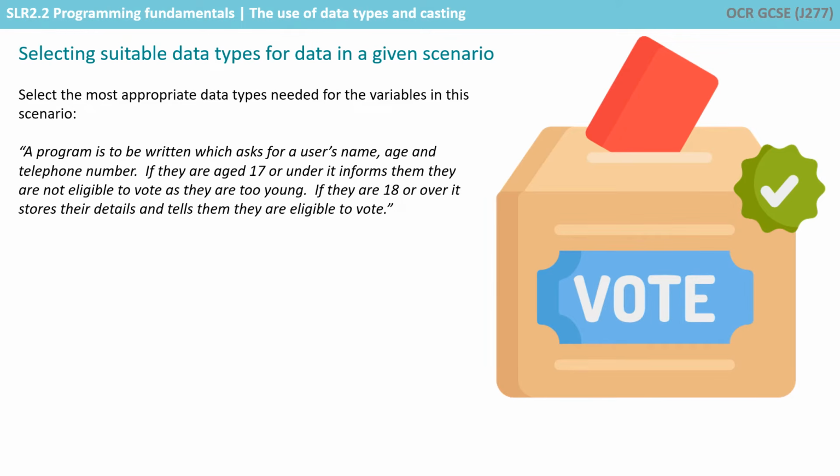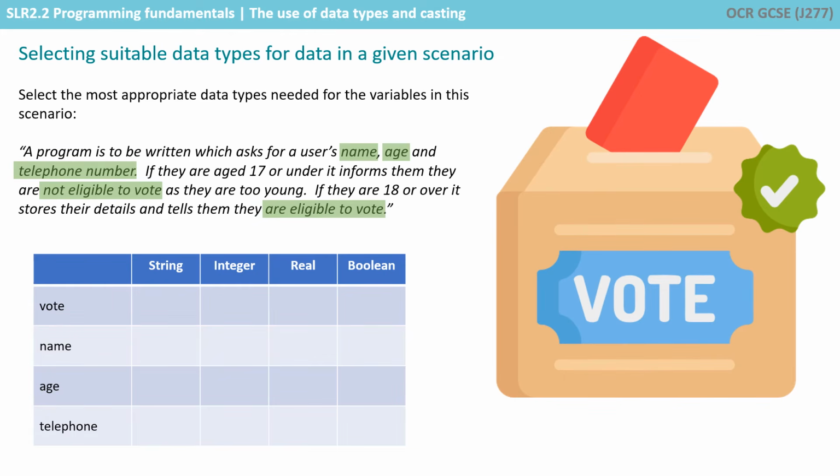So here's a typical example you might see in an exam. A program is to be written which asks a user's name, age and telephone number. If they are aged 17 or under, it informs them they are not eligible to vote as they're too young. If they're 18 or over, it stores their details and tells them they are eligible to vote.